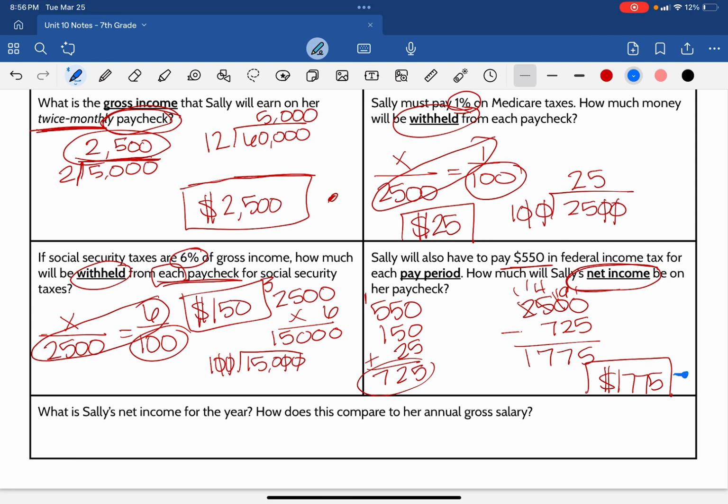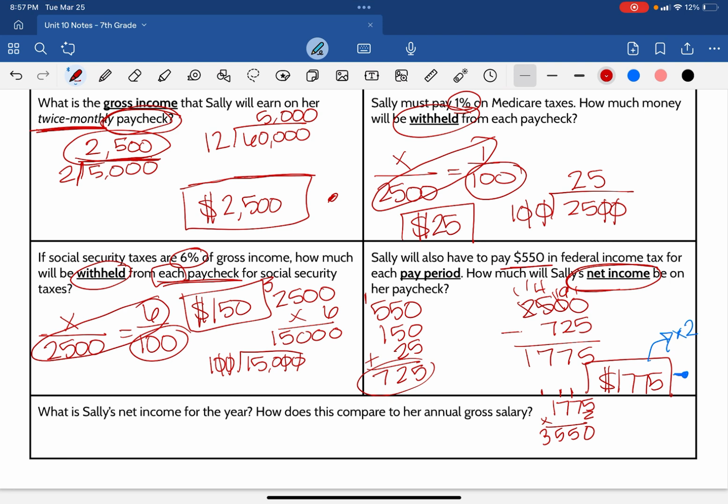So the way to figure out what her net income for the year is, you want to take this number and multiply by 2, because this is for one paycheck. She gets 2. So 1,775 times 2 is going to give me 1 month. 3,550. That's for the entire month.